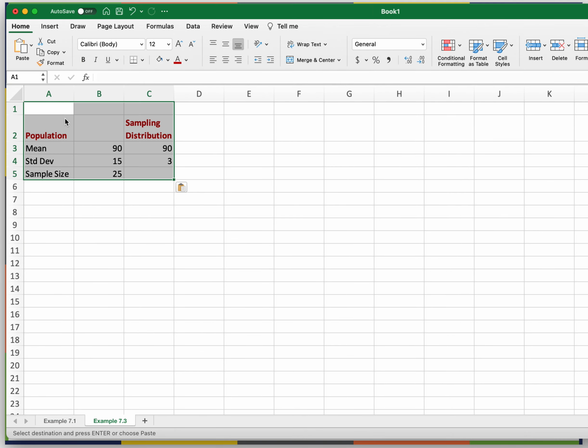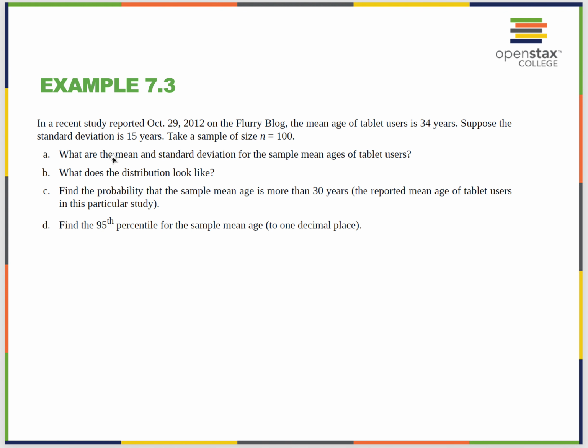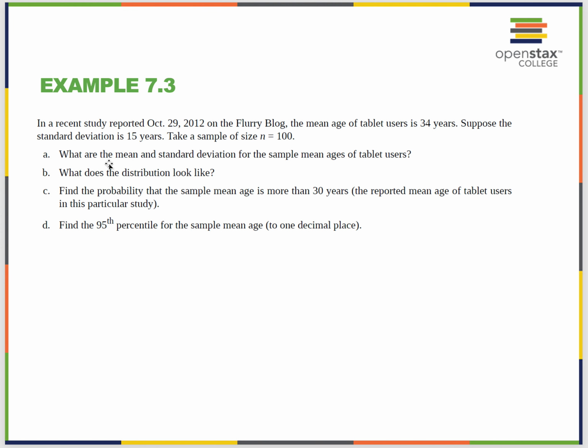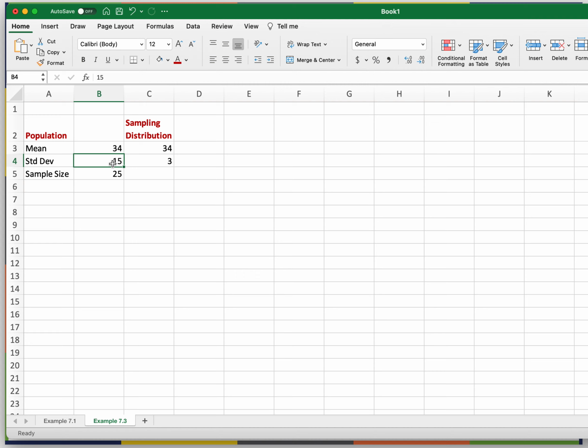I have a population that has a mean of 34 years. Right now, we know what the population mean is. We're not going to know always here. And then we have, again, 15, and our sample size now is 100. So just by copying that, I've done all the calculations.